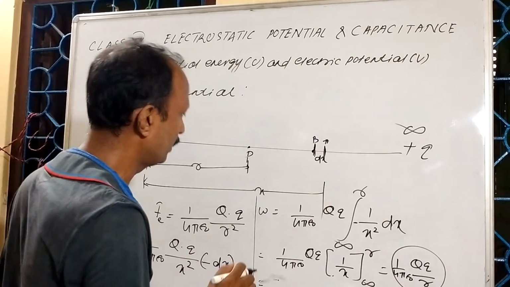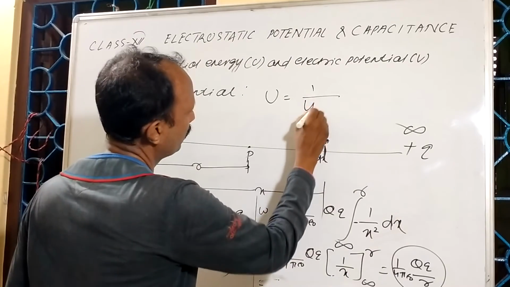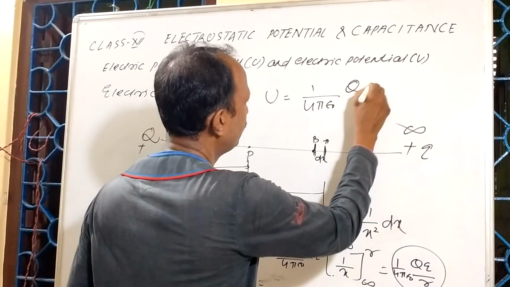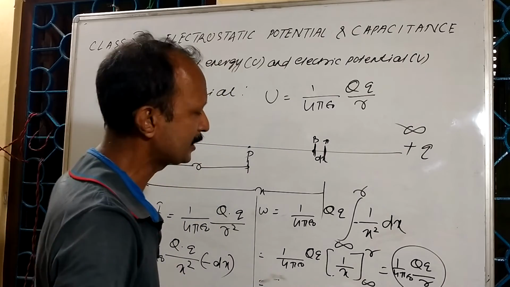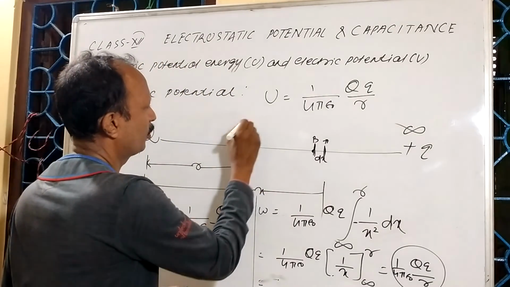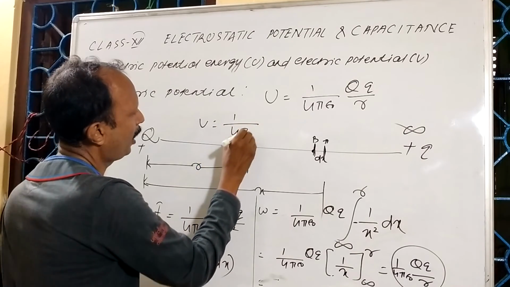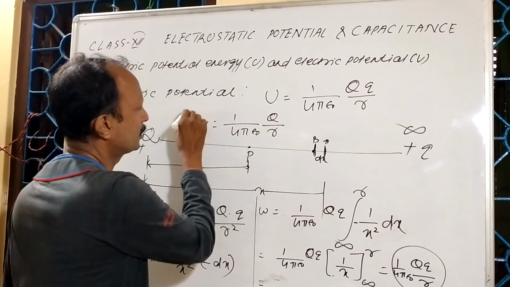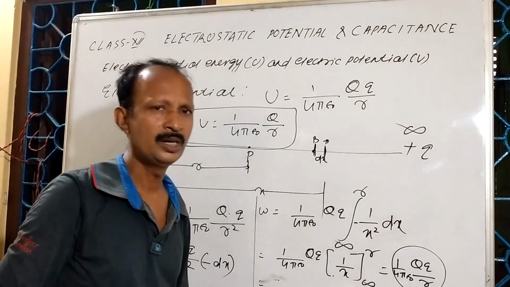Just what I said, this potential energy is equal to 1 upon 4 pi epsilon naught, Q into q divided by r. And the potential is equal to 1 upon 4 pi epsilon naught, Q upon r. This is the potential, because in place of charge I have taken 1.